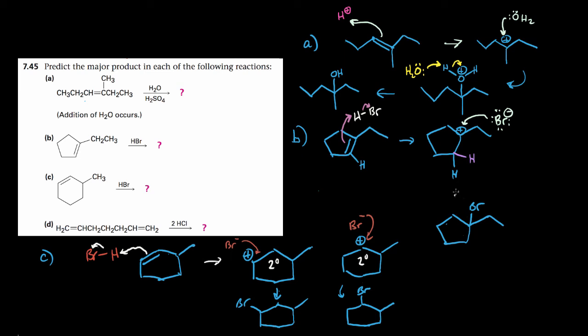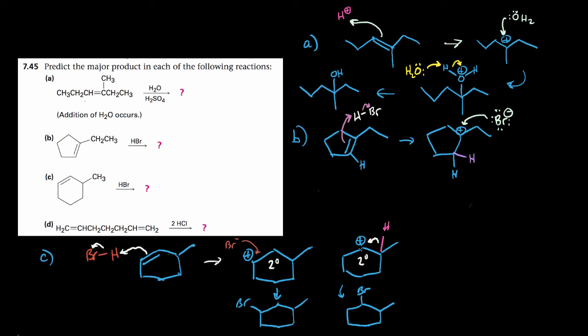But in addition to these, we also have an opportunity for a hydride shift. So instead of bromide adding, since we have a secondary carbocation next to a position that could be a tertiary carbocation, we can move a hydrogen with its pair of electrons, so that's a hydride.